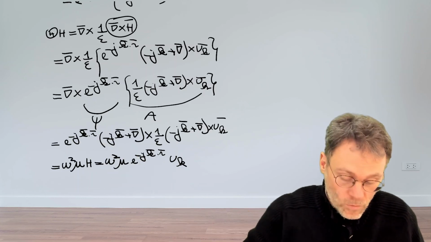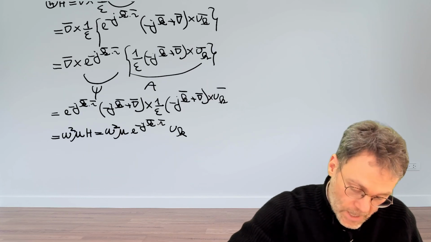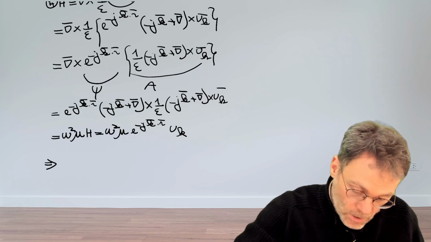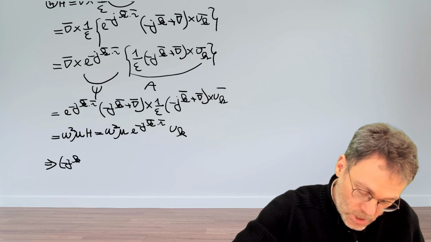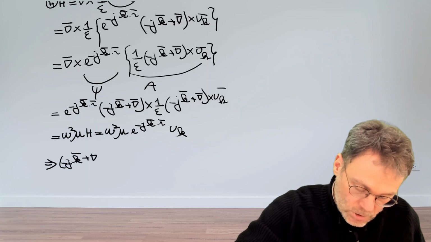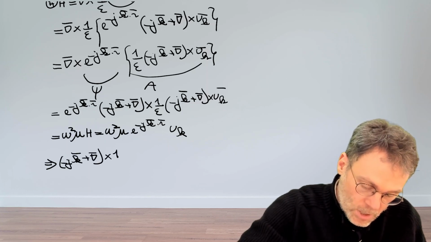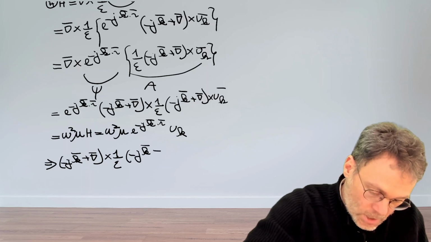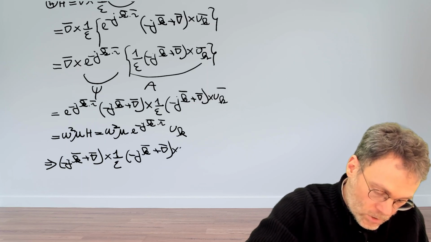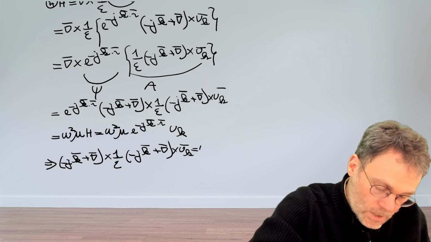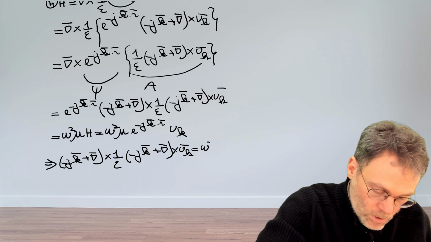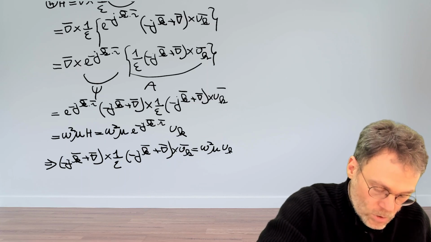And then finally, we end up with the eigenvalue problem for the periodic function uk, which is minus jk plus the nabla operator, 1 over epsilon, and then that same operator minus jk plus nabla, uk, equal to omega squared mu uk.